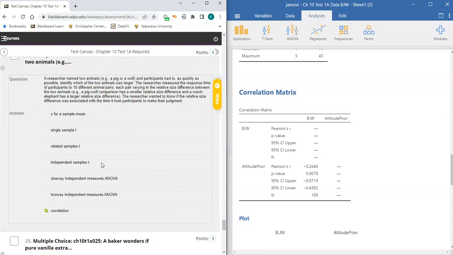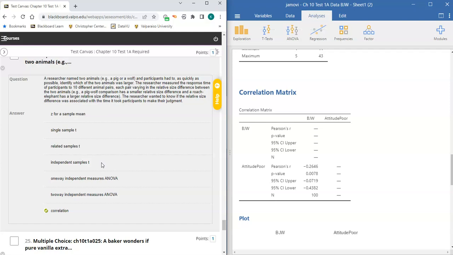And here we have another correlation. A little bit more complicated scenario here, but what they're measuring is the time it takes people to make a judgment between two animals they're given. If I give you the words pig and wolf, how long does it take you to say which one's bigger?